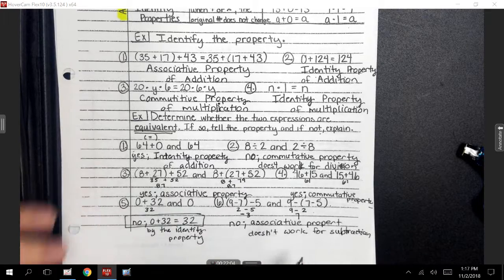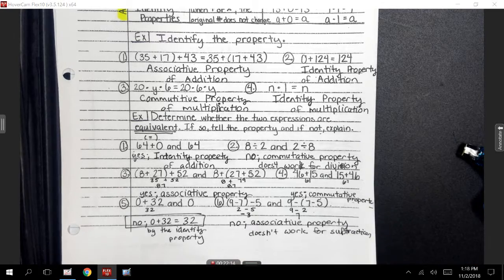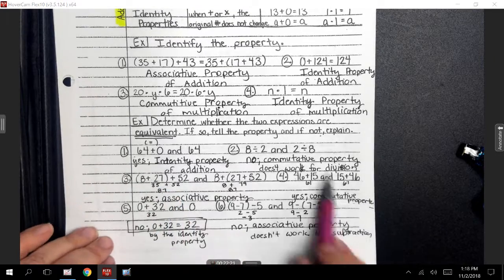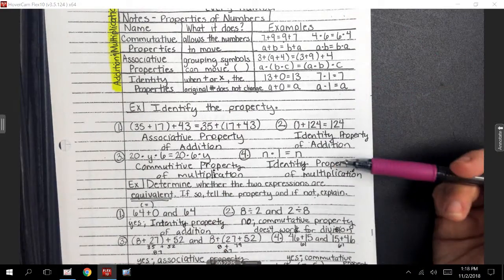Or guys, your other option is to show me that work and say 2 minus 5 does not equal 9 minus 2. You can show me the math or you can name the property. All right? I'll compromise. You can show me the math or you got to show me the property. Guys, I know this is something new. Use that chart. Remember, on your homework, this is the first time you're doing something.